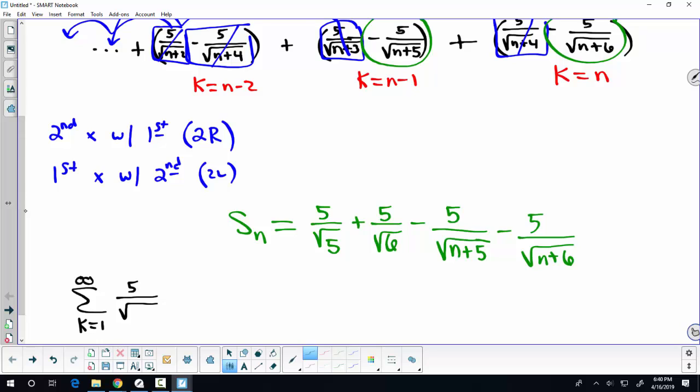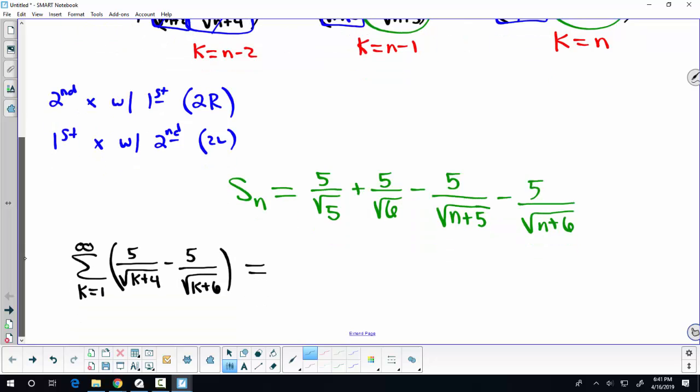K equals 4. Which is equal to 5 over root 5, that's 5 over root 6. So this is equal to the limit as n approaches infinity of our nth partial sum.